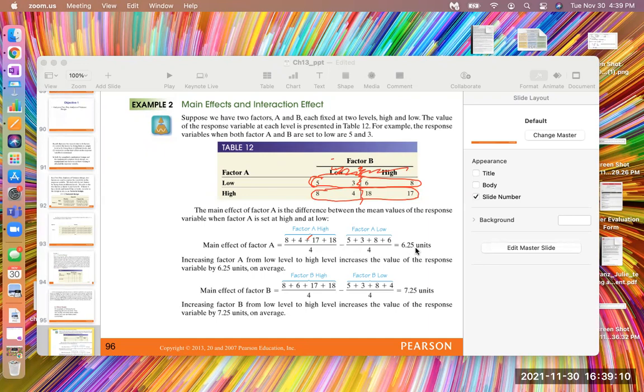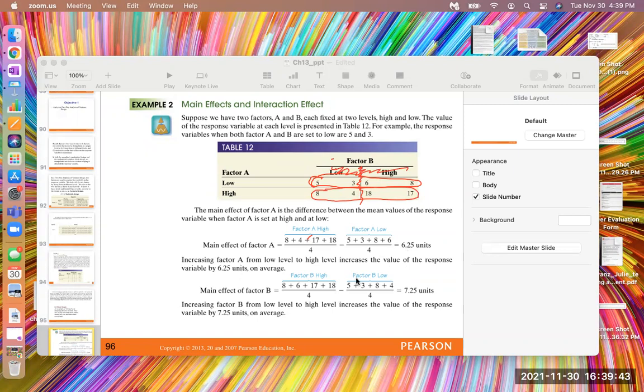So it means that increasing factor A on average will increase the response variable by 6.25 units. So that's good. If we want a higher number in the response variable, then applying whatever treatment A is probably good.